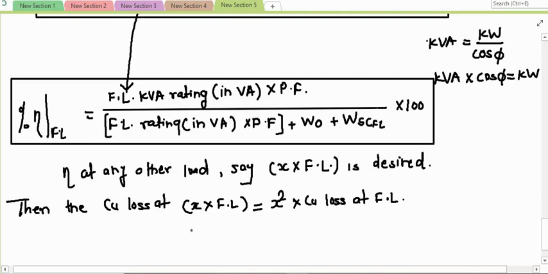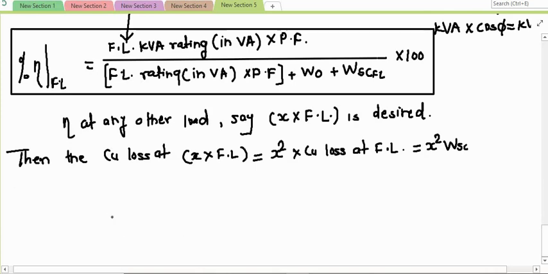Why? Because copper loss is proportional to current square, right? Copper loss is proportional to current square. So this I can write down as x square into WSC, because my WSC is giving me the full load copper loss. So your efficiency formula will get changed.